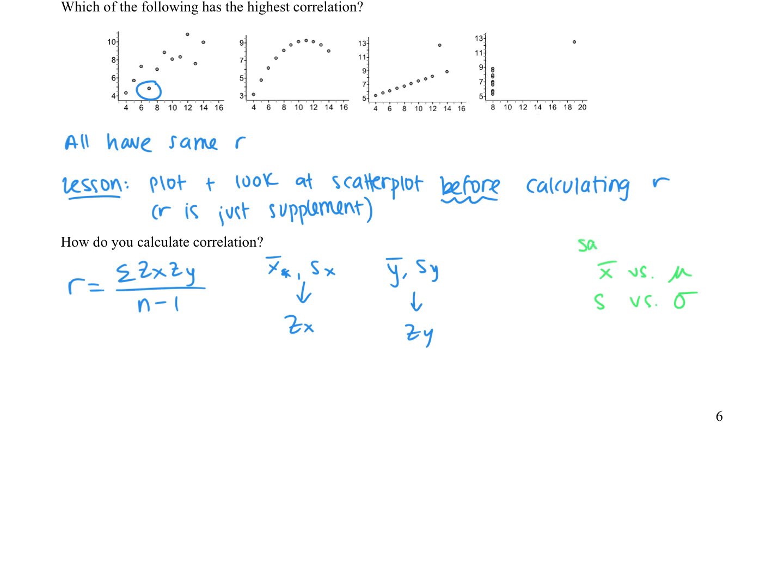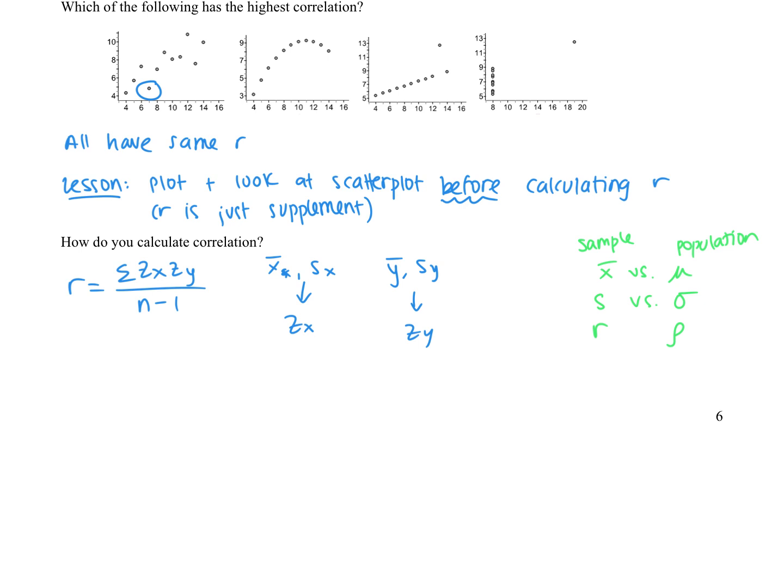So these are for a sample, and these are for the population. The same thing is true of R, so I just want to make sure you see the other symbol. R is the sample correlation. If we happened to have all of the data for the entire population and calculated R, the symbol is rho. It's like P with a little tail. That's rho.